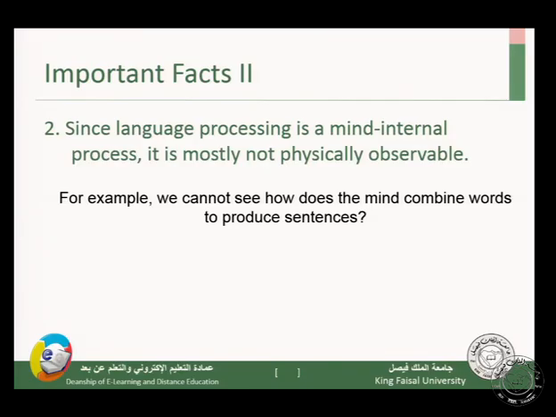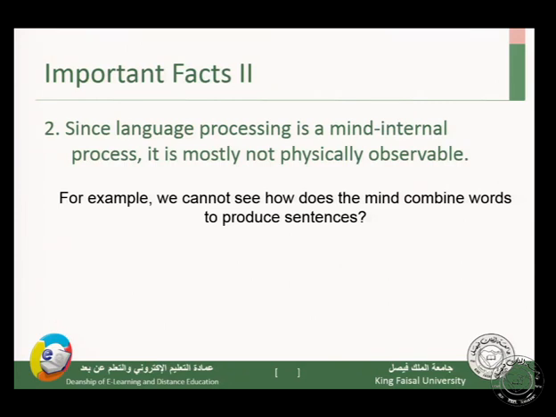How does the brain bring one phrase and link it to the other? Of course, you are not going to see this. It's a process which is hidden, which is unseen.